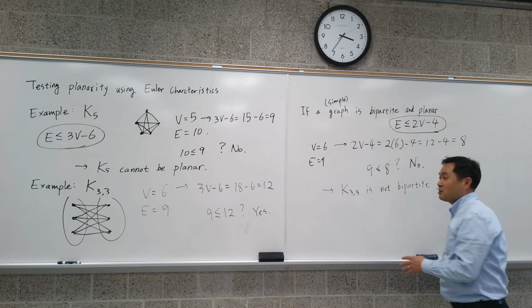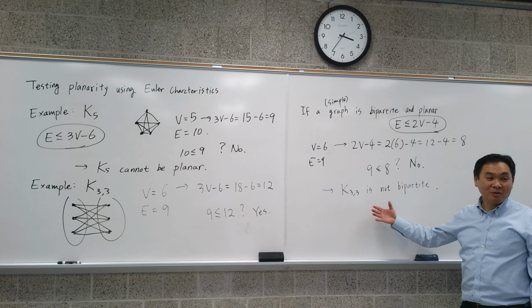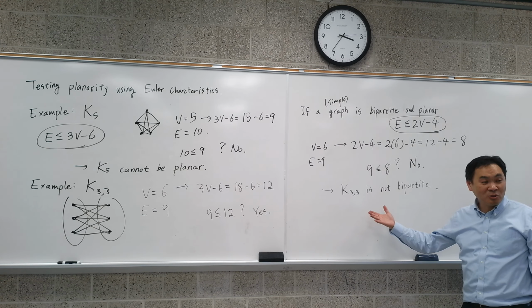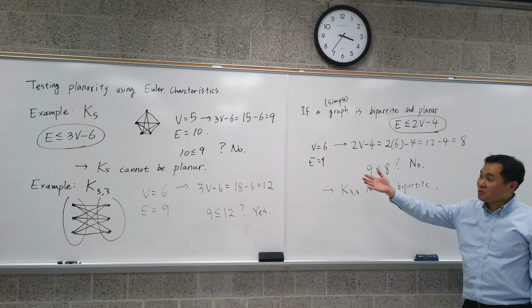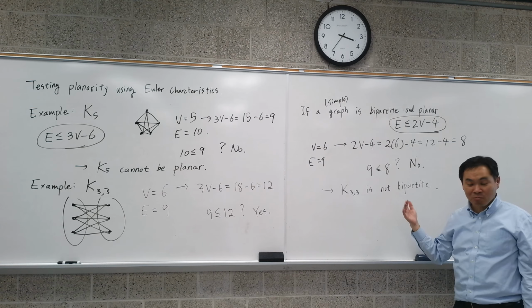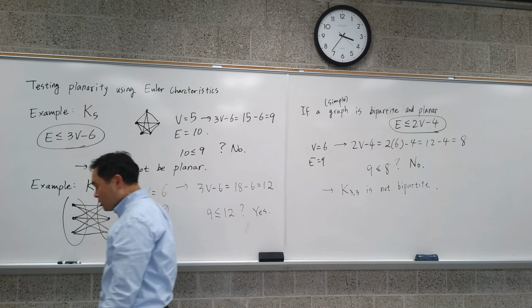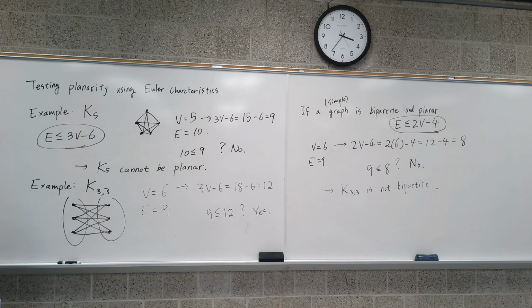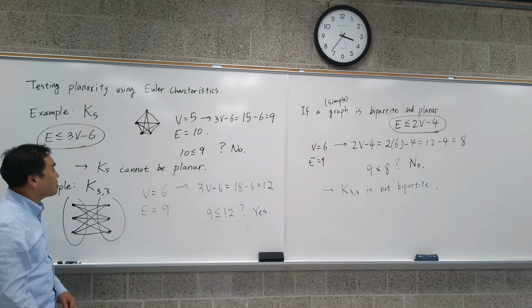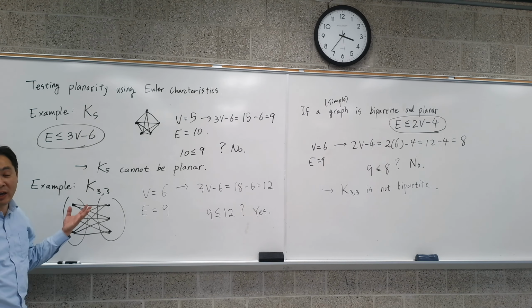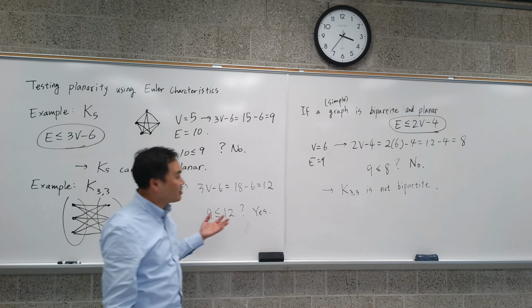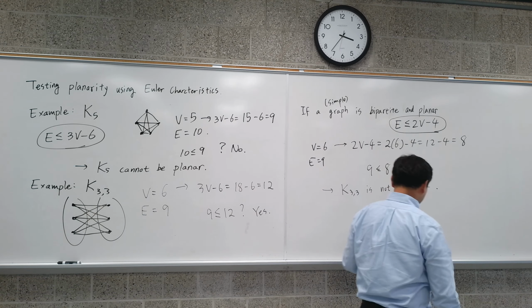This is a perfect proof, right? We didn't have to draw things. So now you know for sure that these are not planar. Now, the natural question you could ask is, does that mean we can use this for any graph? And the answer is no.